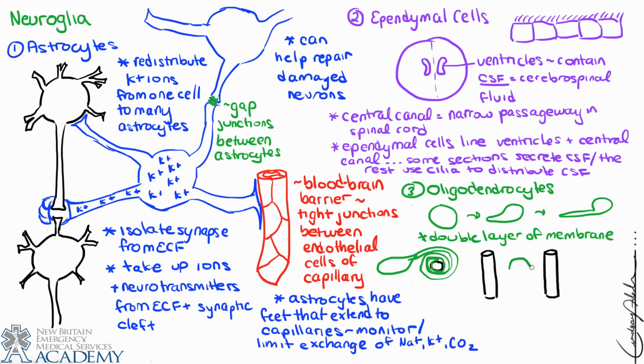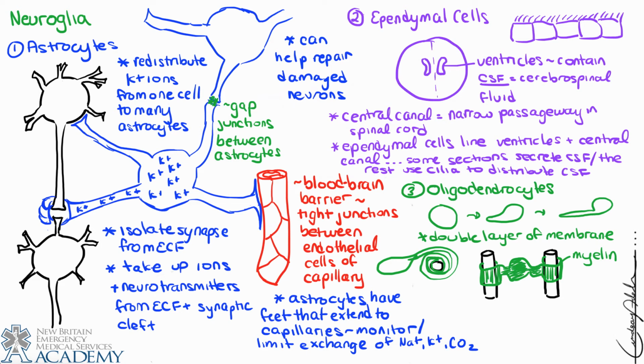And we can see that the oligodendrocytes actually extend, one cell can extend multiple little flattened sections around multiple axons. So it only wraps around the axon, doesn't wrap around any other part of the neuron. And once it's wrapped around, we actually call it myelin or a myelin sheath. And we'll explain a little bit more about its function when we talk about propagation of action potential.